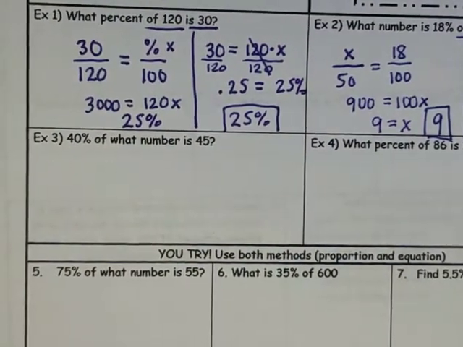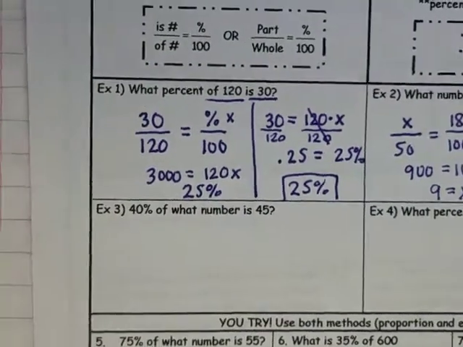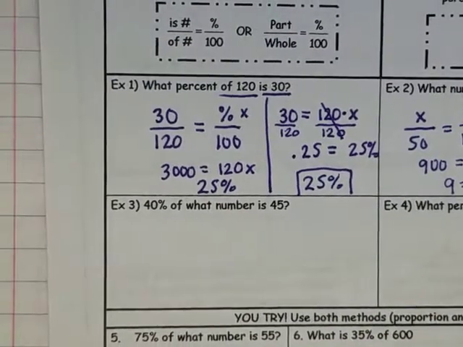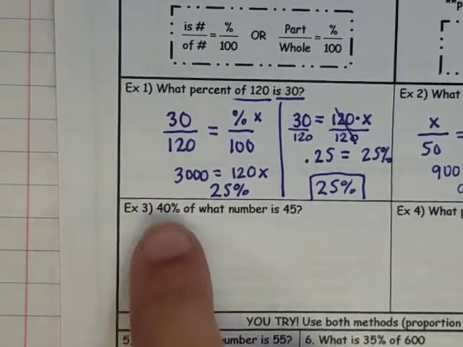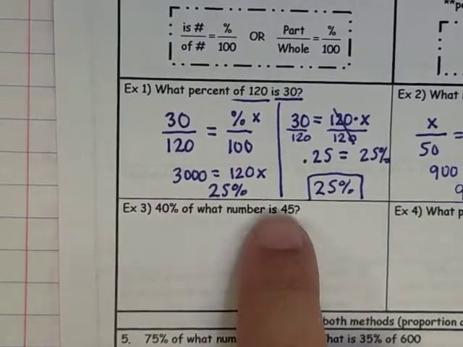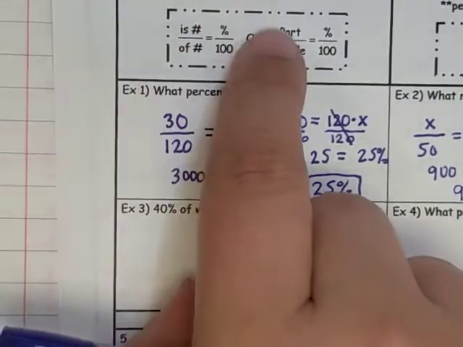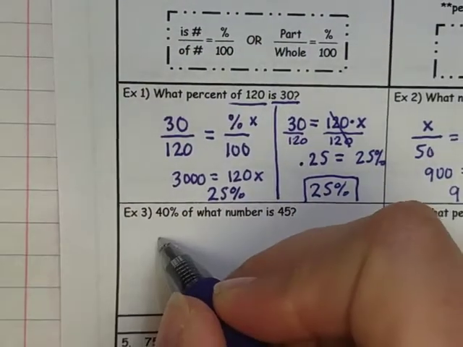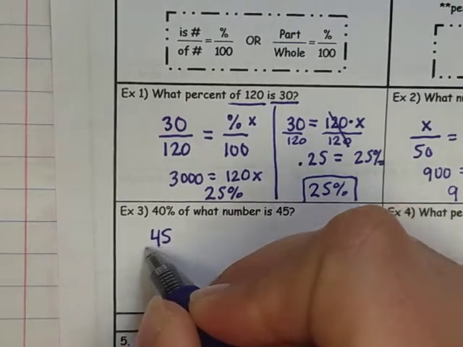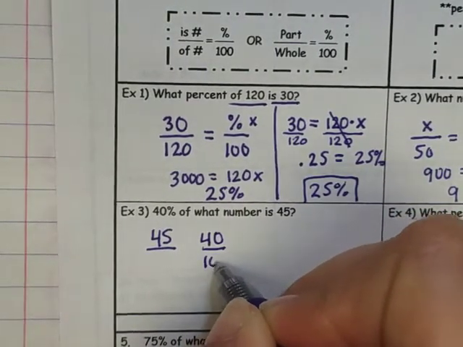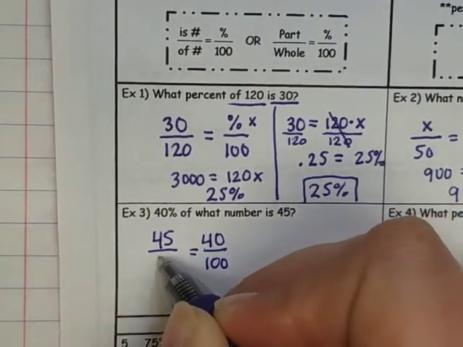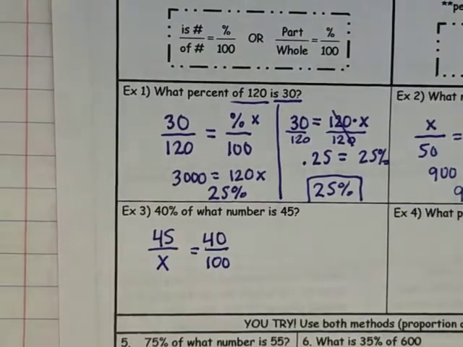All right, next question. 40% of what number is 45? So we have our percent and we have our is. Remember, is your part. So 45 is 40% of, and we don't know our whole.